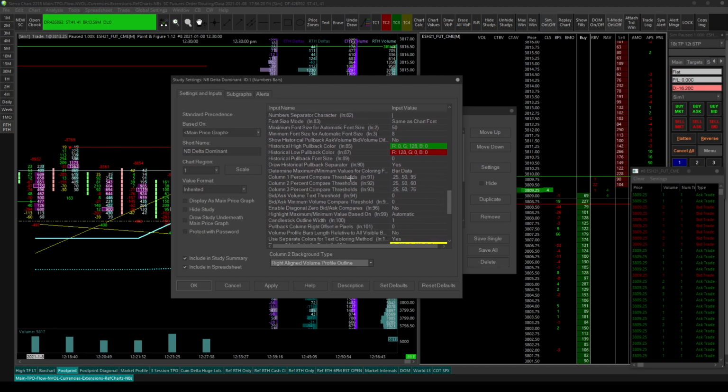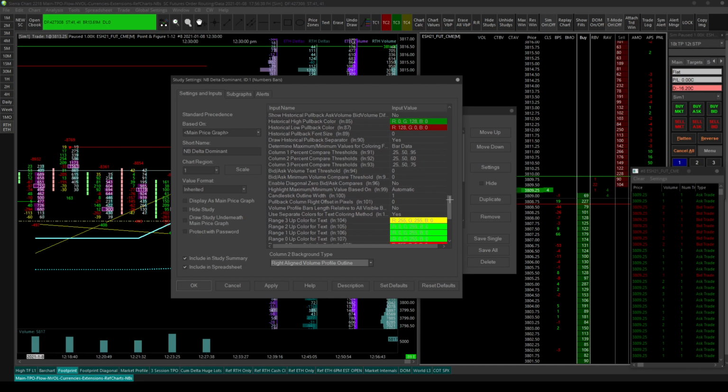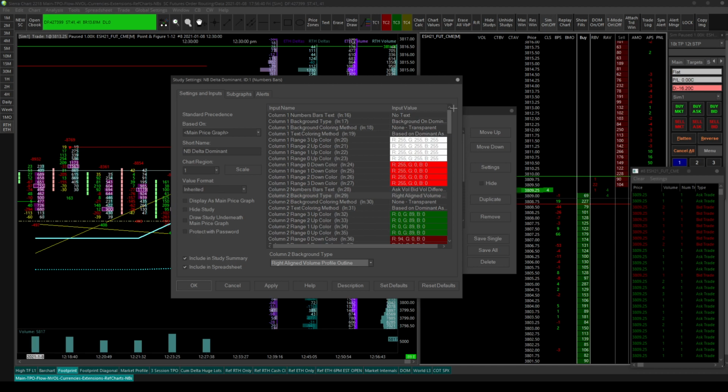This column 1 % thresholds, that's that 95% I was talking about with the yellow. I guess I do use column 1. So if you want to look at column 1, the coloring for column 1 is not controlled here. That's why.